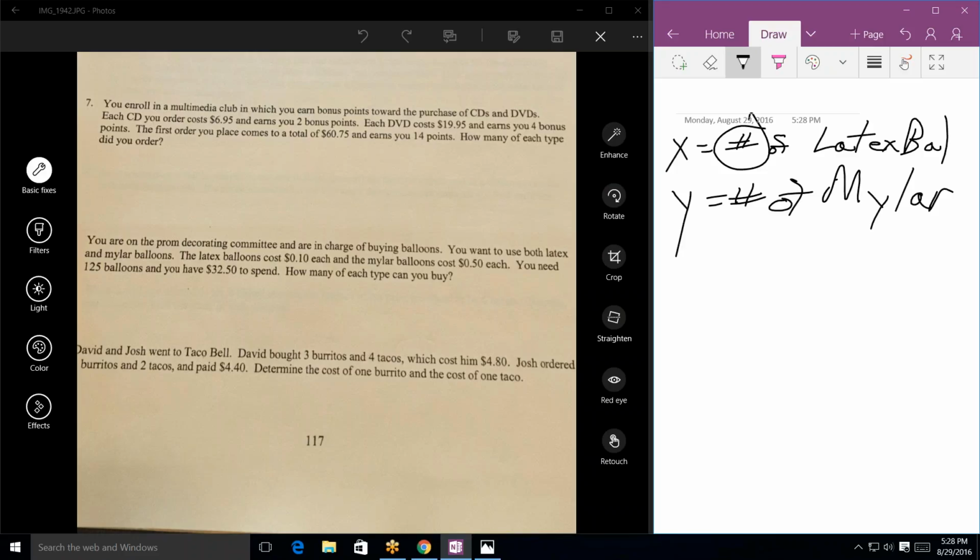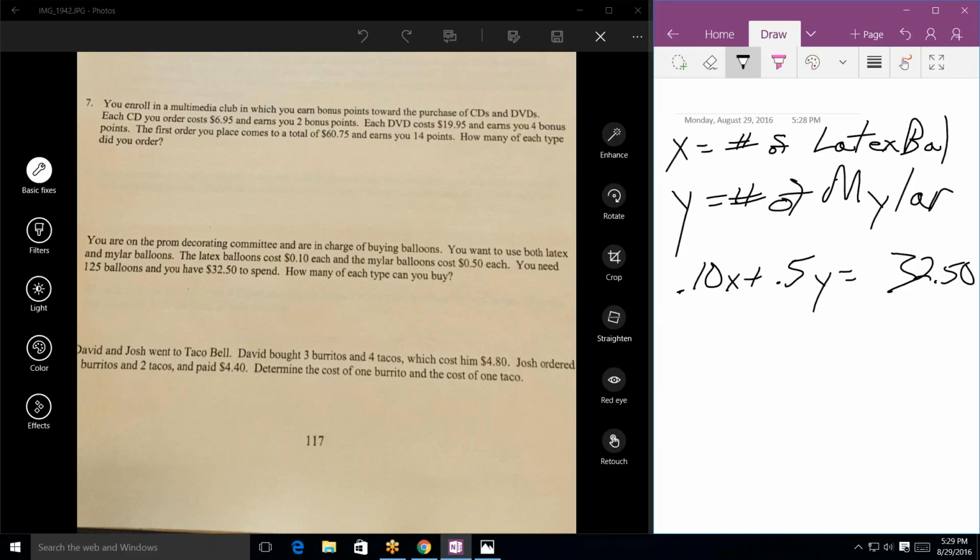Are we talking about the number that you can buy or the cost of each one? Definitely the number you can buy, because they give us the cost. Right. So what is the equation you get from sentence 3 and sentence 4? So it'd be 10.10x plus 0.5y is equal to 3250.